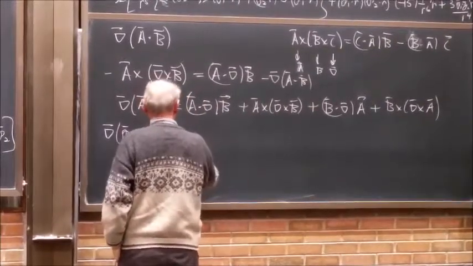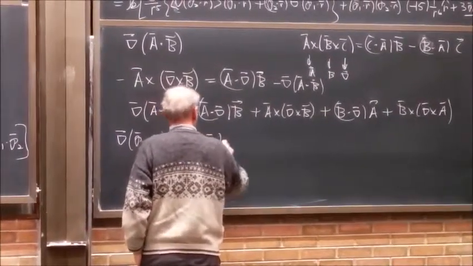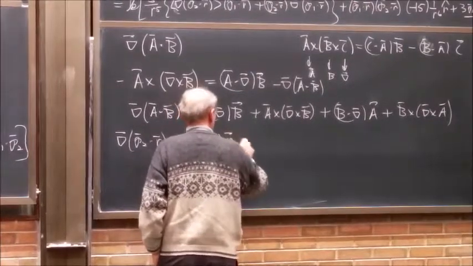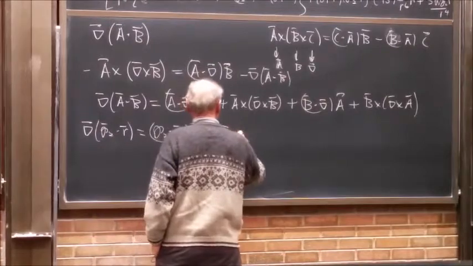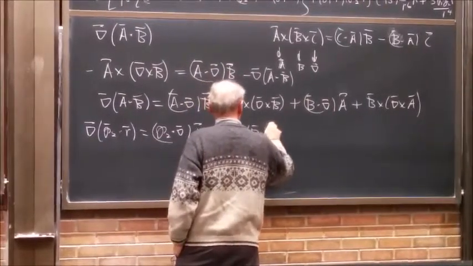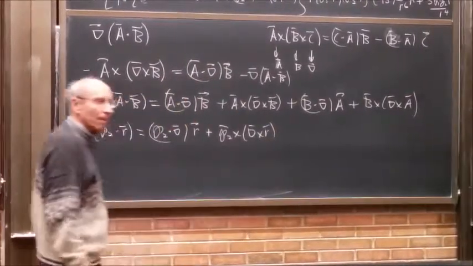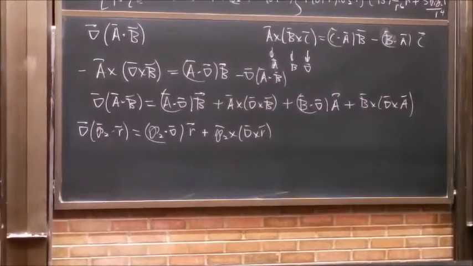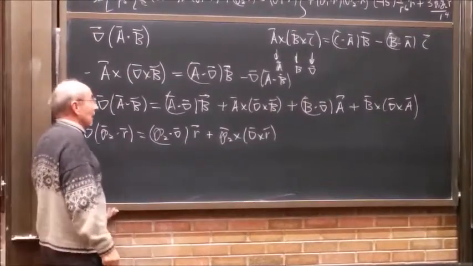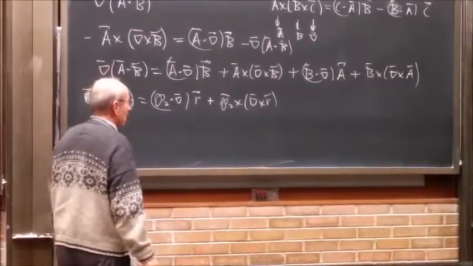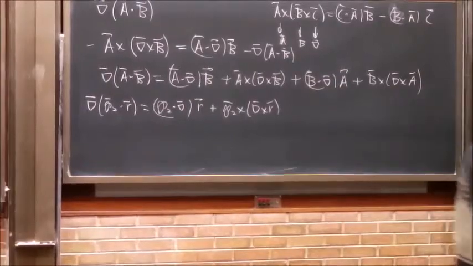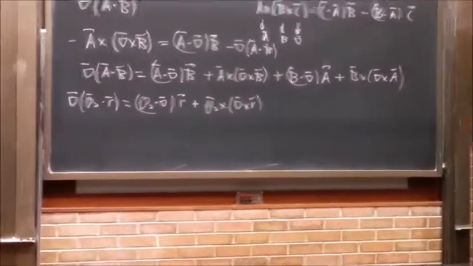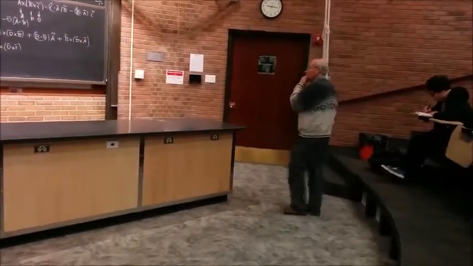So it'll be P2 dot del operating on R plus P2 crossed into the curl of R. Okay? So now we got to evaluate those two things. But those are easy.